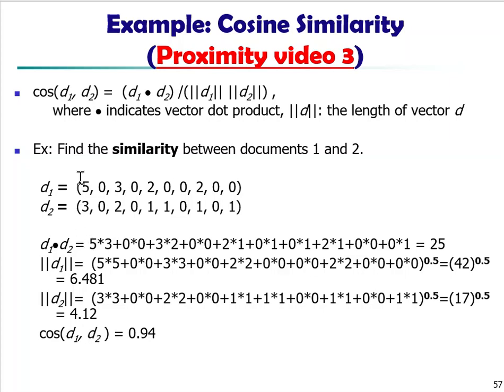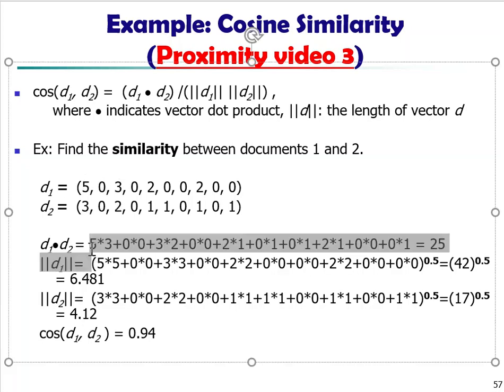A dot product is just a sum of pairwise products of every element in two vectors. Here we have 5 times 3 plus 0 times 0 plus 3 times 2 plus 0 times 0 plus 2 times 1. That gives you the dot product. D1 and D2 are vectors, but their dot product is one value.